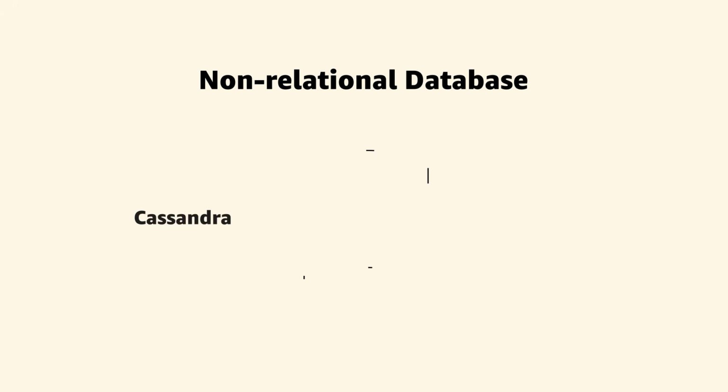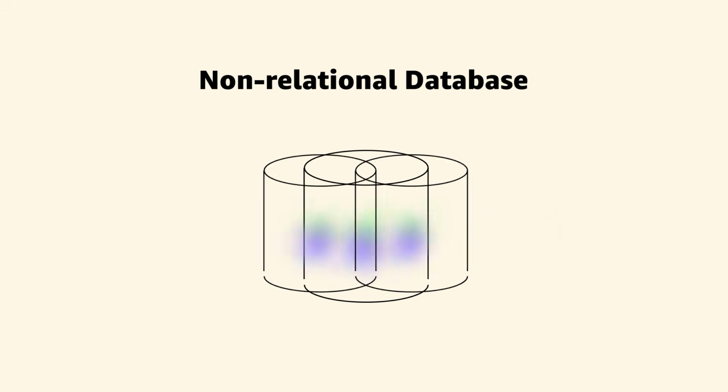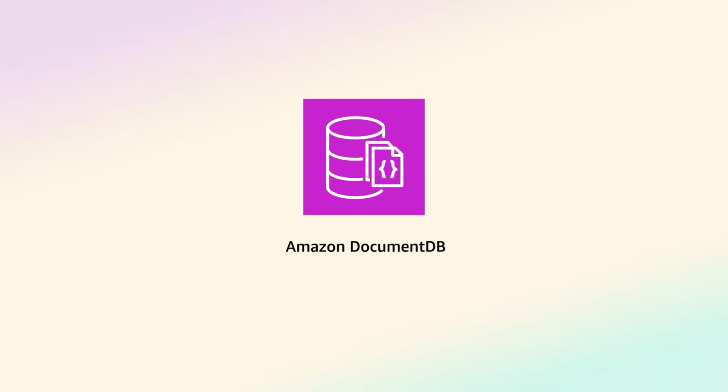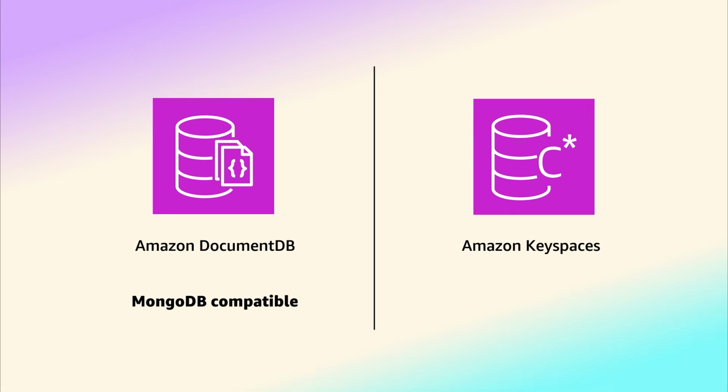Non-relational databases like Cassandra or MongoDB offer highly scalable and flexible storage. Amazon DocumentDB provides MongoDB-compatible document storage, and Amazon Keyspaces provides a Cassandra-compatible database with zero infrastructure management. These NoSQL databases shine when you need flexibility and speed at scale. It's all about using the right tool for the job.